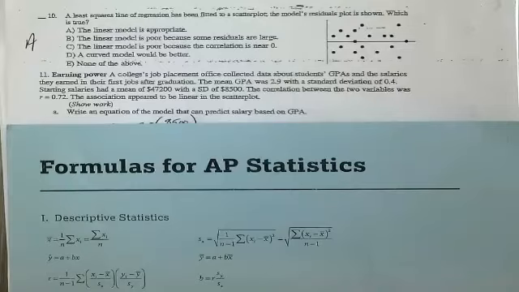Wow, that's large. Two standard deviations below is about $30,000. The correlation between the two variables was 0.72, so it's high moderate. The association appeared to be linear in the scatter plot.